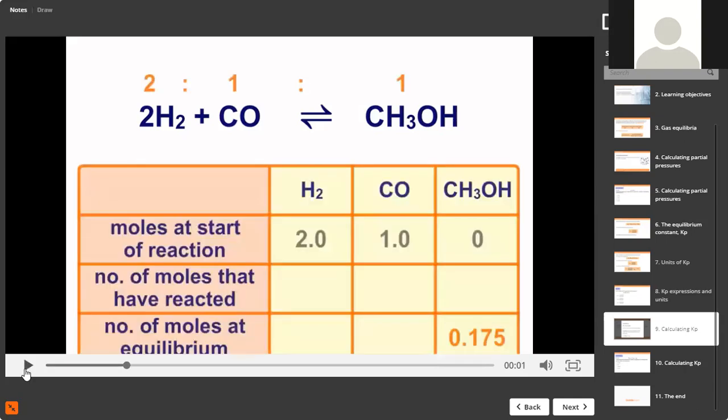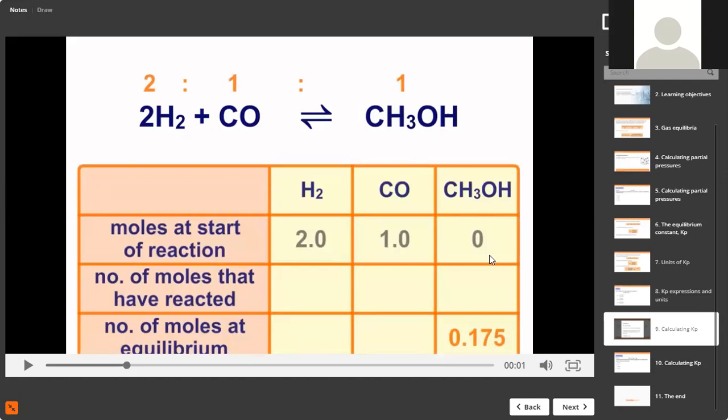Lots of people like to make a table for this. On this table, we've got each species, and then moles at the start of reaction, in the middle, number of moles that have reacted, and at the bottom, number of moles at equilibrium. We put in our ratio of moles at the top. It's a 2 to 1 to 1 ratio: 2 lots of H2, 1 lot of CO, and 1 lot of CH3OH.